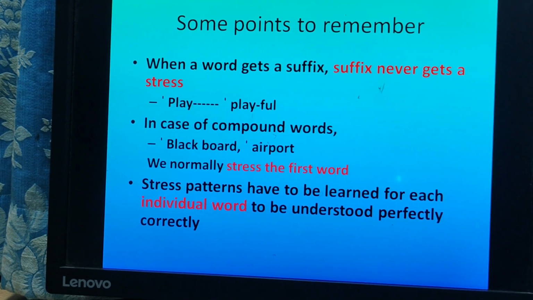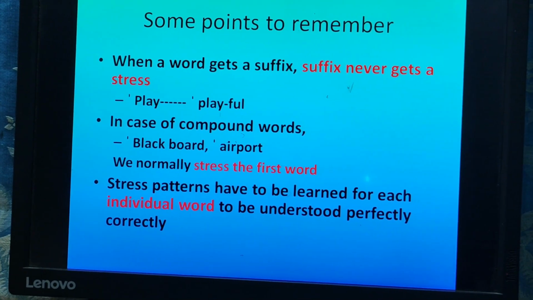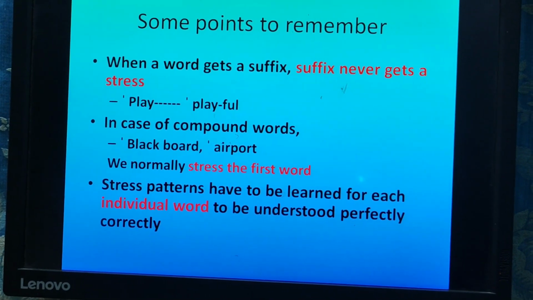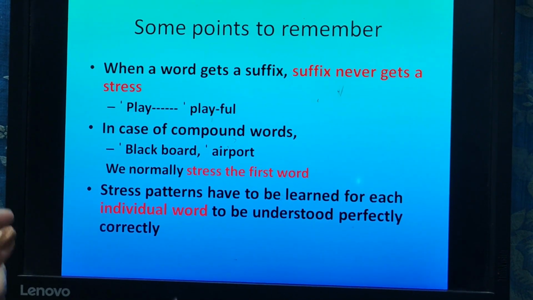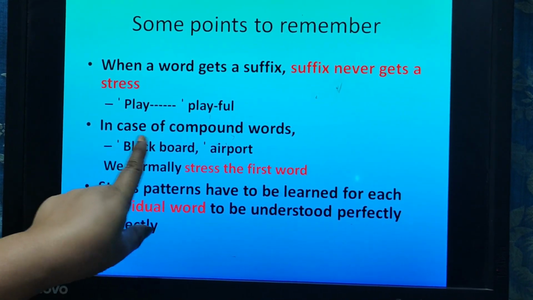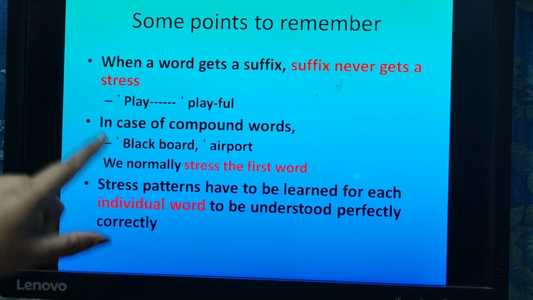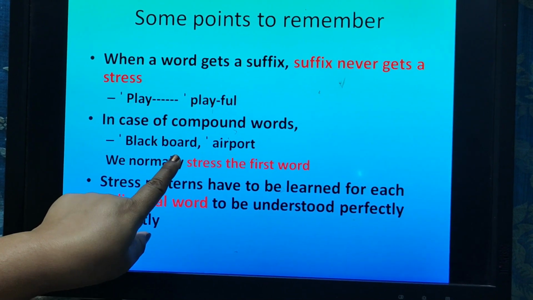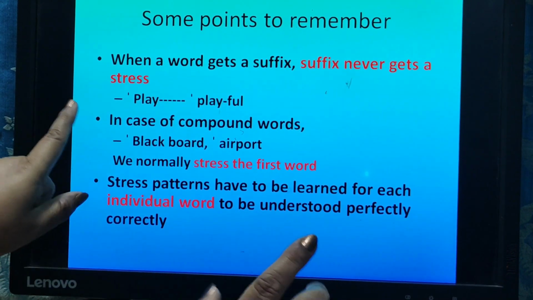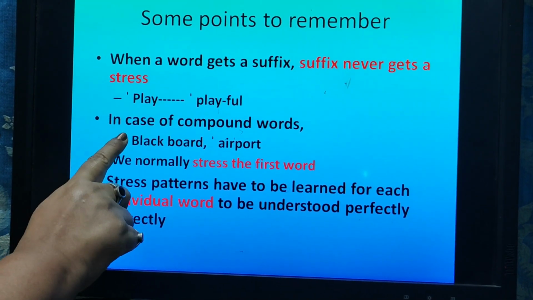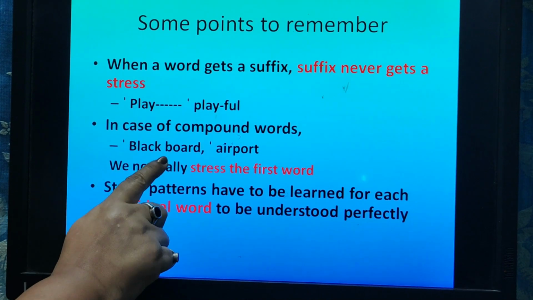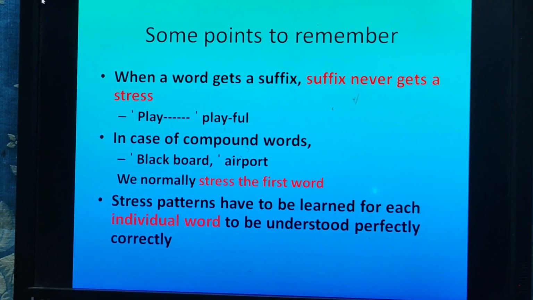still it is playful. Or in case of compound words, like we have the word blackboard, airport. When we have two words, it's a compound word, meaning we have two nouns coming together here. If that is the case, we need to realize that always the first word in the compound will get the stress.